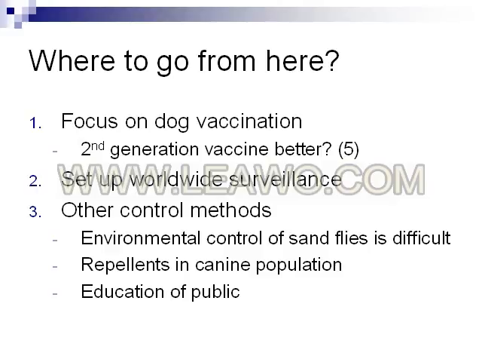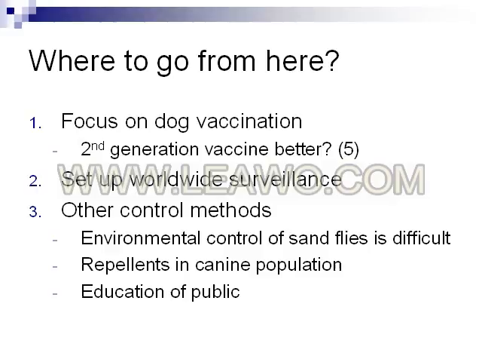Third, if vaccination isn't feasible and it won't be addressed by the surveillance system or any other organization, other control methods need to be used, which should also be directed towards disease control in the canine population. I think I mentioned that a couple of times. That's where the key is, in my opinion. Environmental control of sandflies is very difficult because the habitat of the immature sandflies is variable, and therefore it's not possible to control the entire population that way.